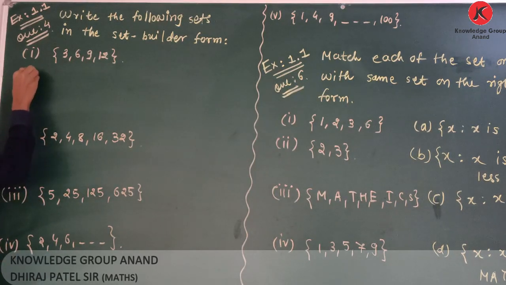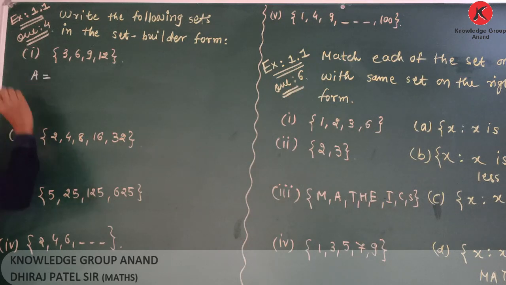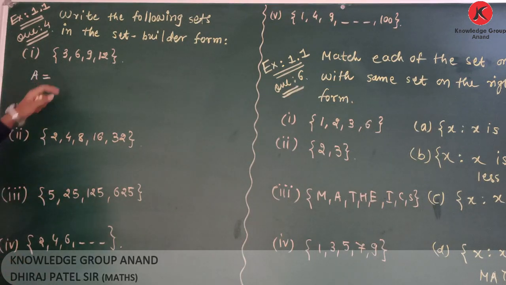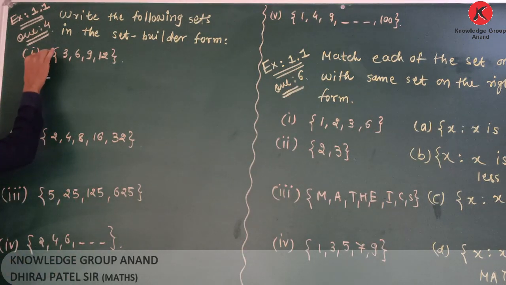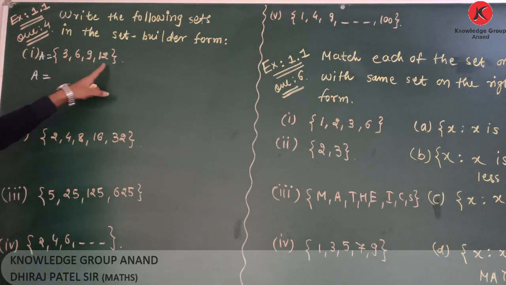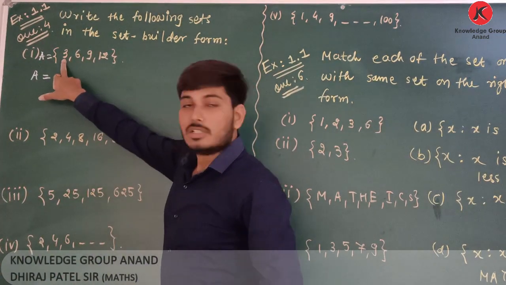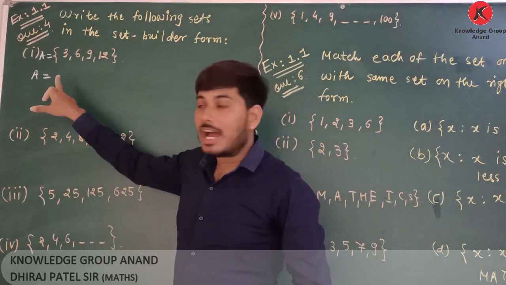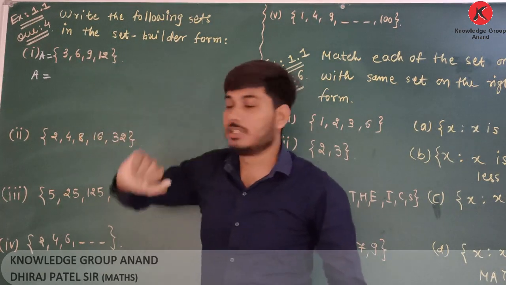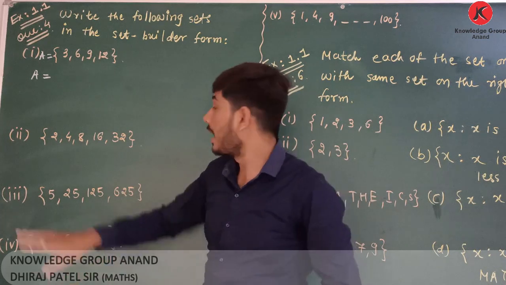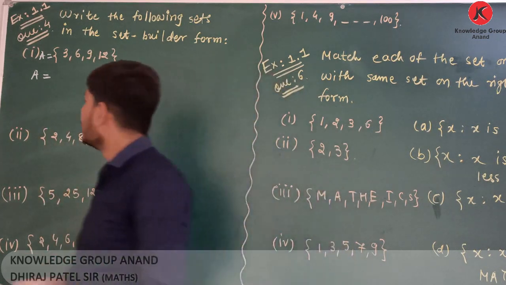Now, for the solution, I am giving the name of this set: set A equals 3, 6, 9, 12. Now see what property or pattern these numbers have. These four numbers are multiples of 3.